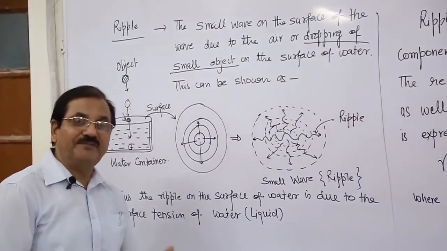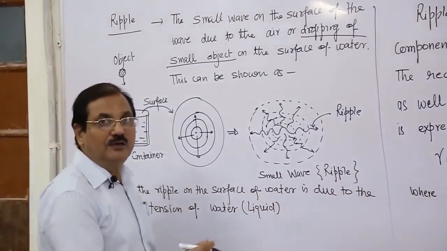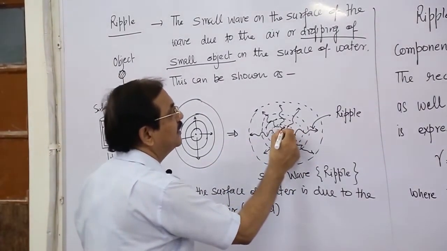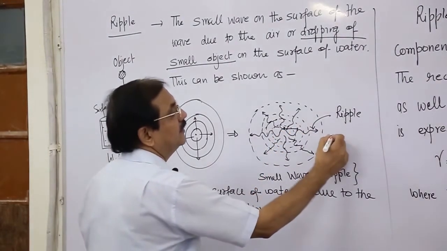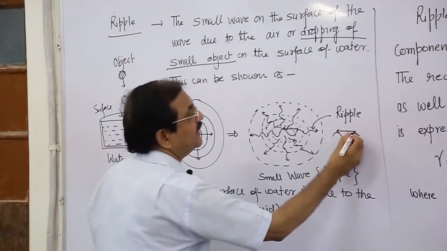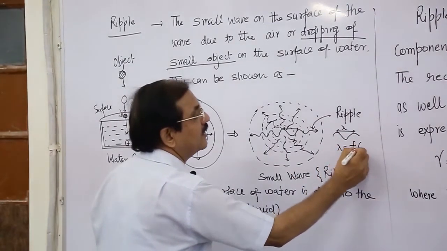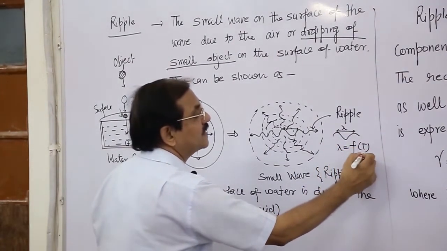If you want to differentiate, then the wavelength created on the surface, lambda, is a function of T, where T is surface tension.